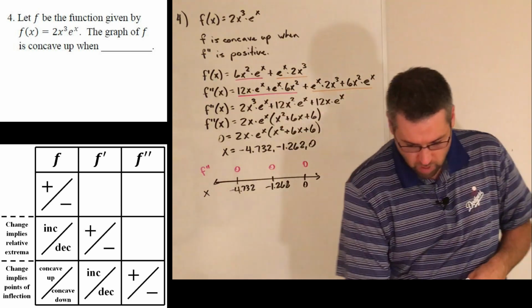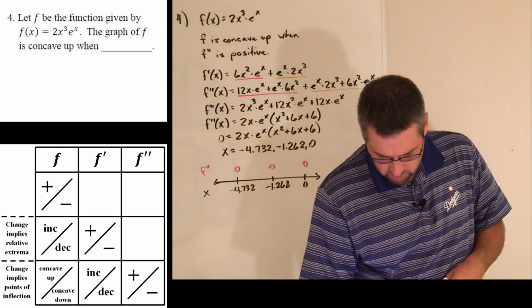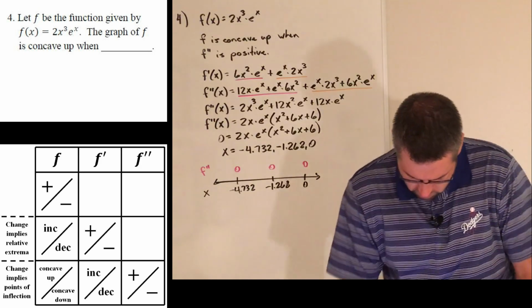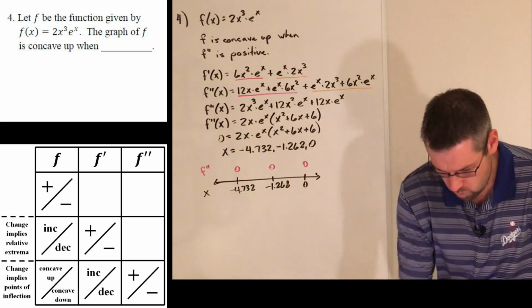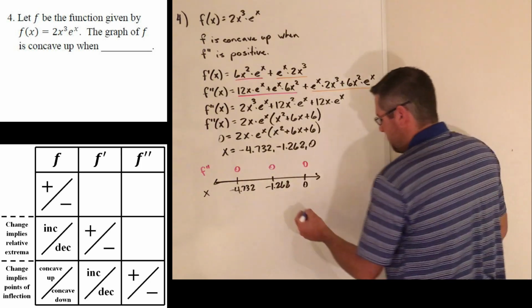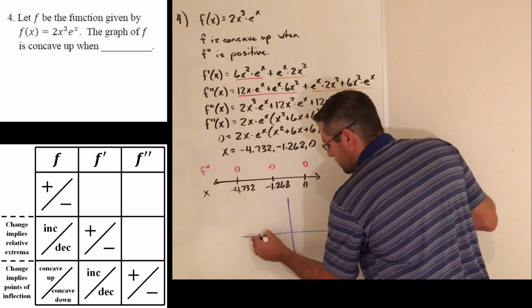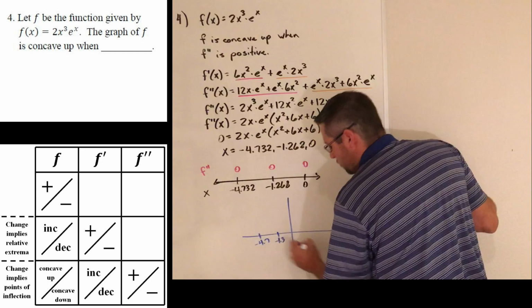And if we look at this graph, let me pull it up. We have a graph, this is f double prime, that looks something like this. So this is our negative 4.7-ish and our negative 1.3-ish, right?